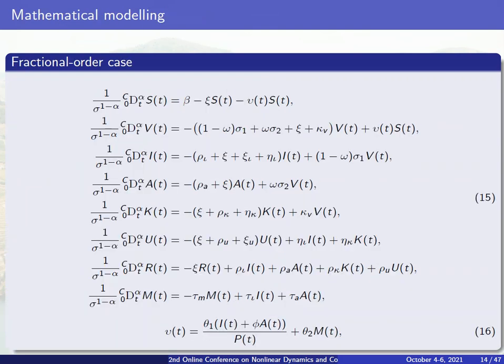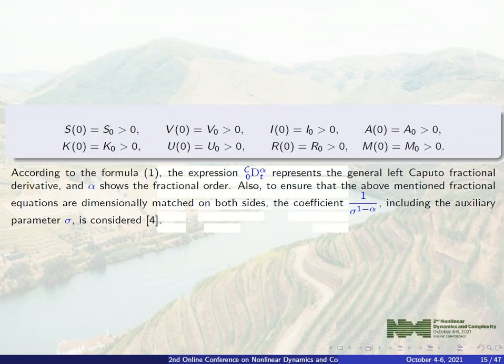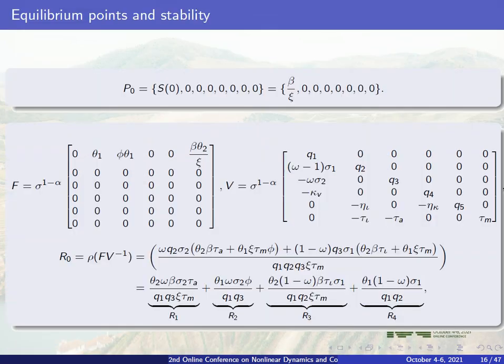In this section, a general fractional derivative which is presented in the previous section would be applied to modify the COVID-19 model dynamics 12. Thus, the following new and general fractional model is available here, together with non-negative initial conditions. Let P0 denote the disease-free equilibrium point by means of the model 15.